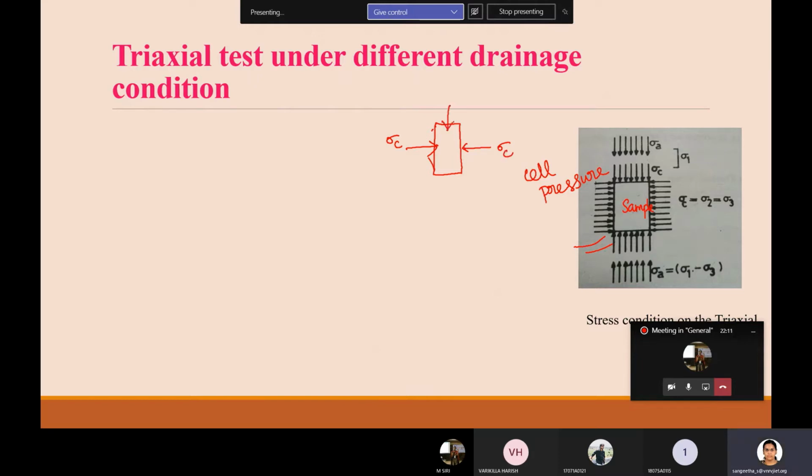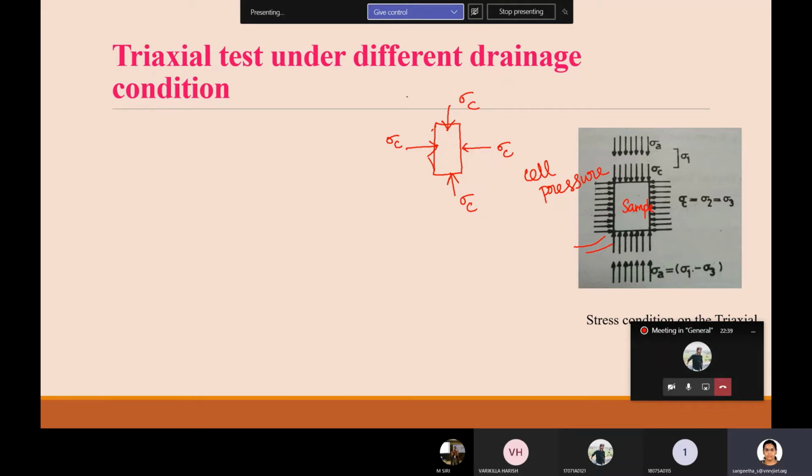Once you fill up your triaxial cell with water, all around the sample is experiencing the same amount of pressure, which is equivalent to the cell pressure. Now this simulates the actual field condition.